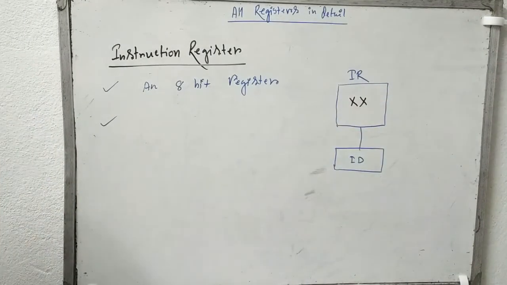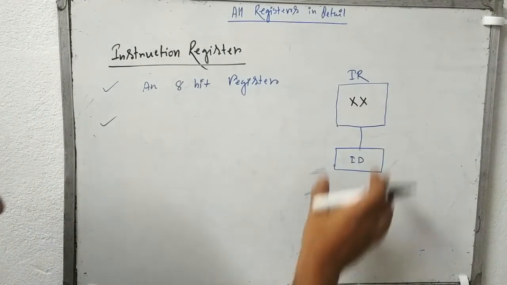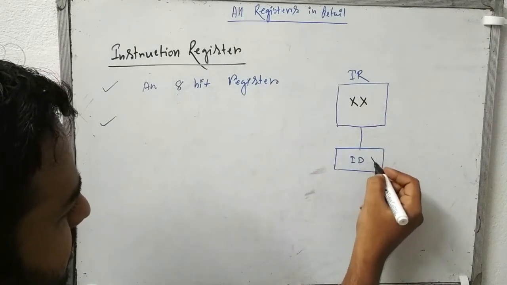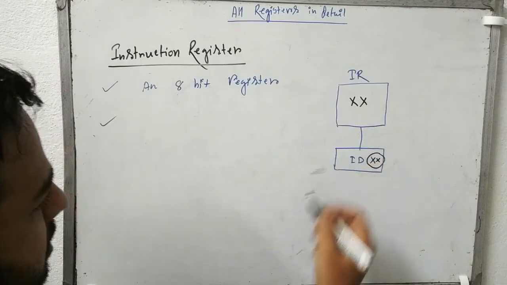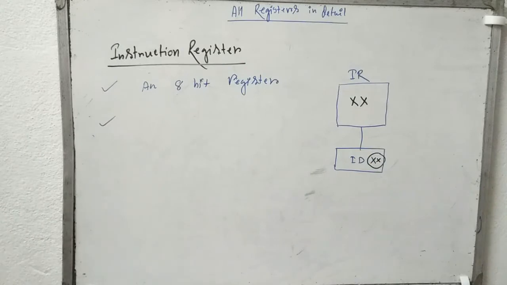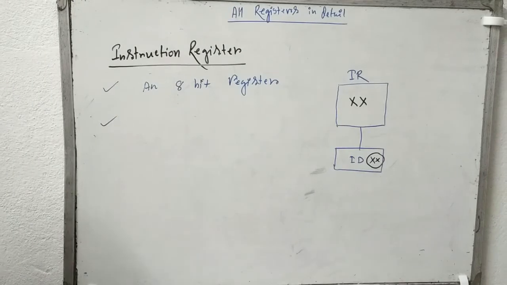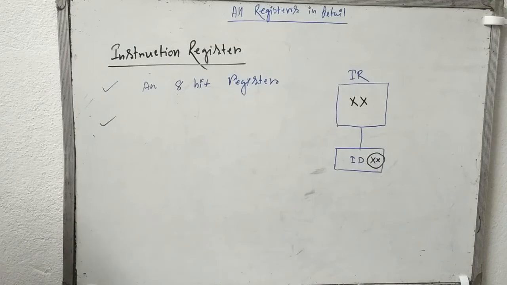Then the instruction register sends this instruction to the instruction decoder, where the instruction is decoded by some microprograms, and the decoding result is sent to the timing and control box, from where the decision is made about which operation needs to be performed, and in that way the timing and control signals start to instruct the microprocessor. That is the whole process basically.